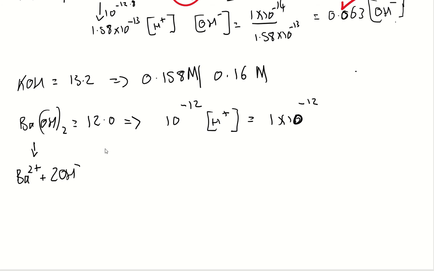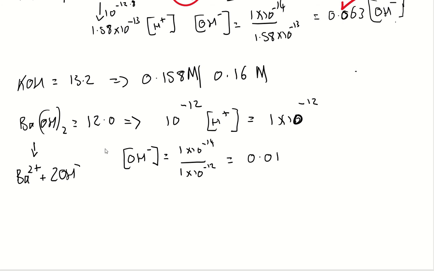Remember I rearranged my Kw expression from above: Kw, 1 times 10 to the minus 14, over the hydrogen ion concentration, 10 to the minus 12. That gives me my hydroxide ion concentration, which comes out, in this case, at 0.01.